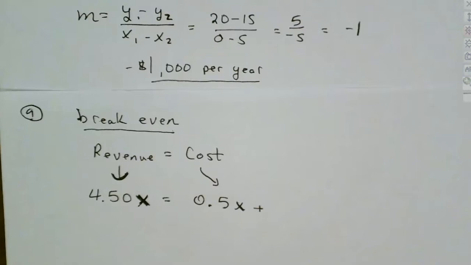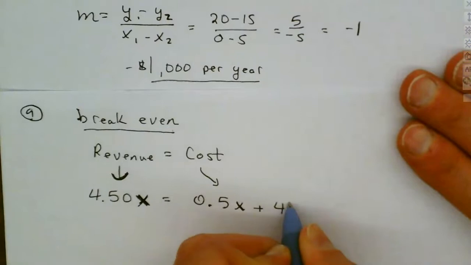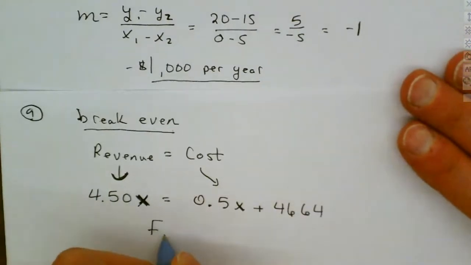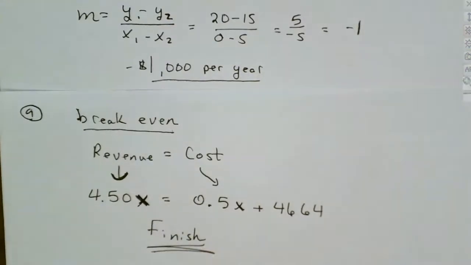It's always the same. And so what's our fixed cost in this case? Yep, $4,664. And you can finish it from here. So how do I want you to finish it? Solve it for X. And that's going to tell you how many handles I need to sell every week to break even.